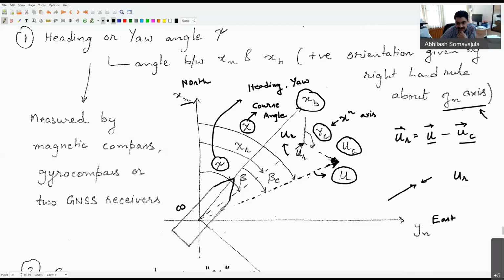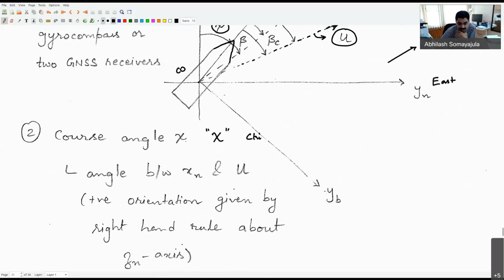Since the course angle definition involves the velocity vector, if the ship does not have any forward speed, so u is equal to 0, then I can't define the course angle. So the course angle is only defined when we have a forward speed of the vessel, whereas the heading angle is always defined, whether the ship has zero speed or non-zero speed.